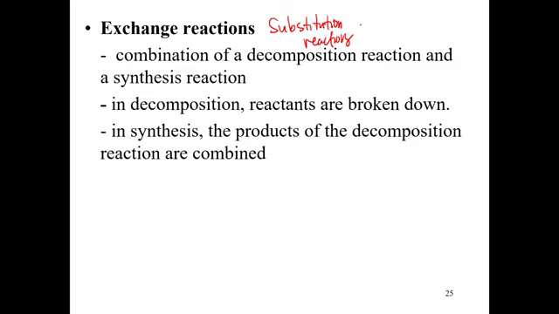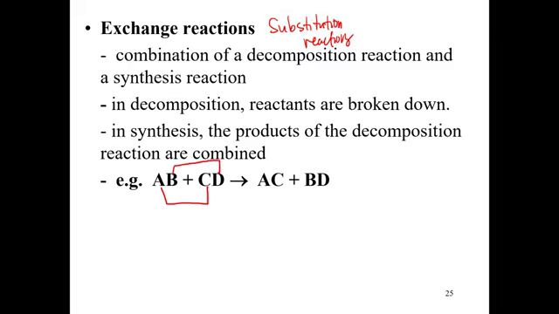So this is just a combination of decomposition and synthesis. So AB plus CD equals AC plus BD. Please take note that they swap their partners: A, B and D, C, B and D. So this is here and this is here.